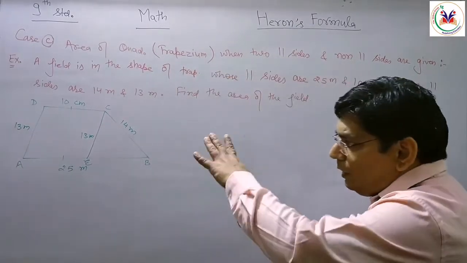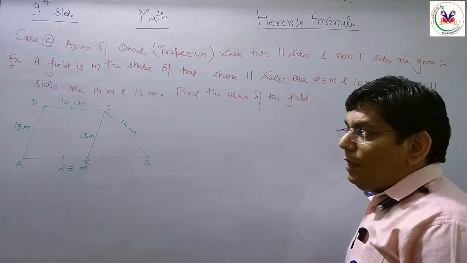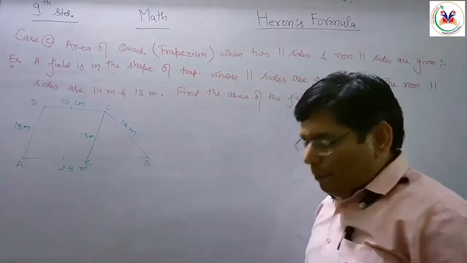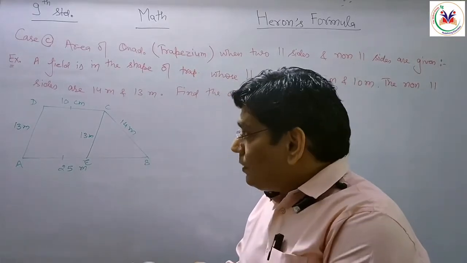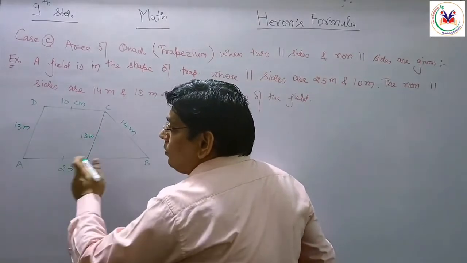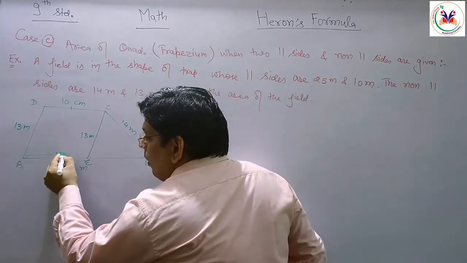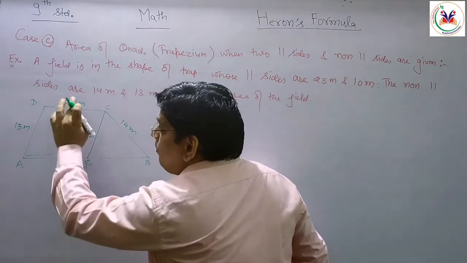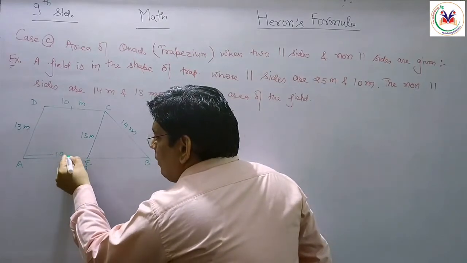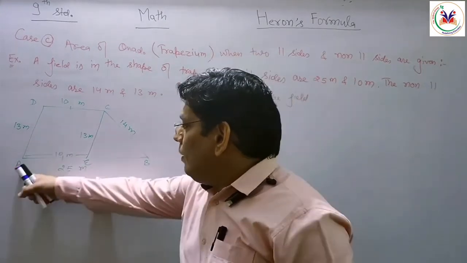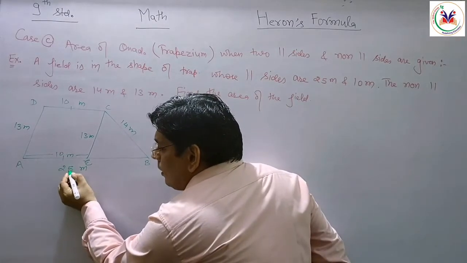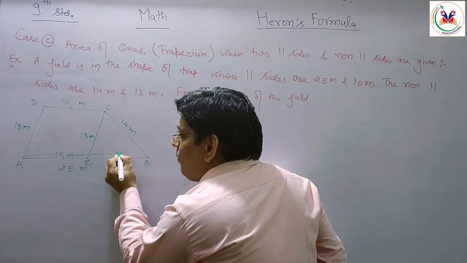सुना, अब ये diagram अगर हम देखें तो ये एक part parallelogram हो गया और ये एक triangle हो गया. Am I right? Now parallelogram की opposite sides क्या होती हैं? Obviously equal. So if this is 13 and this is also 13, तो ये 10 है तो ये भी 10 meter होगा. Now when AB is totally 25 meter as the given information is there, तो उसमें से 10 चला गया, so that will be 15 meter.